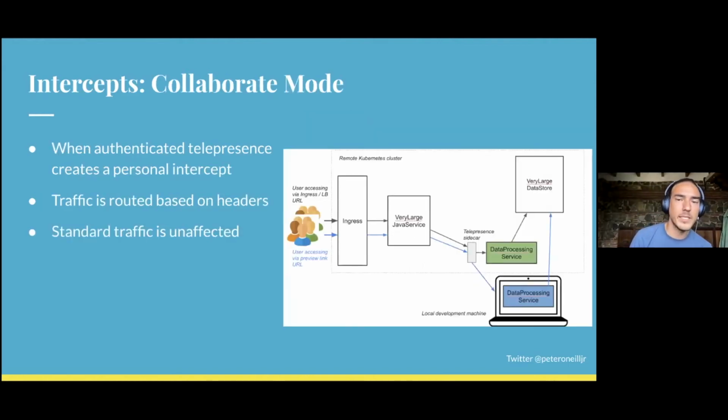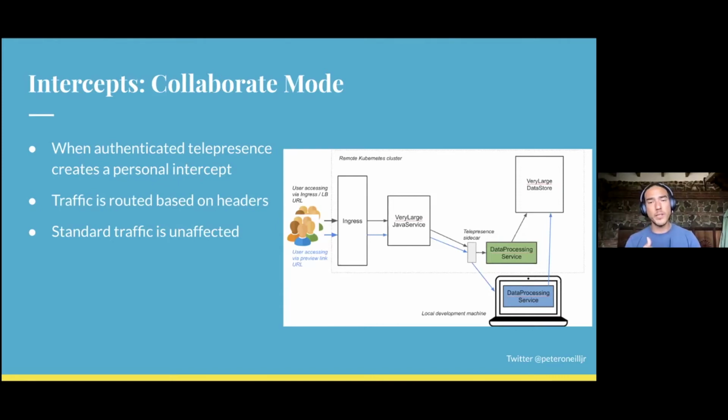And then the second mode is very similar to the first intercept, except that in this collaboration mode, you can route only certain traffic. It's more of a personal intercept, where, because it's in an authenticated mode, Telepresence can say, I know who this user is.